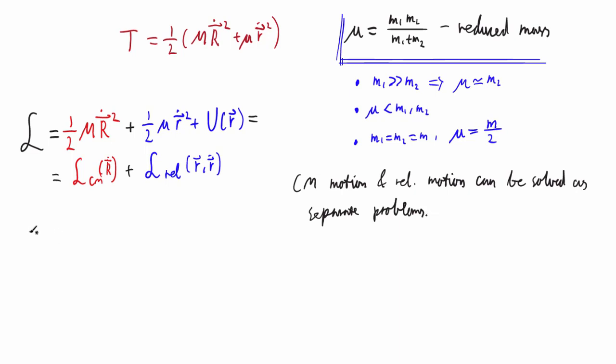Also, we can see immediately that the Lagrangian does not depend on capital R, to be more precise. When the Lagrangian doesn't depend on a variable, capital R in this case, that variable is ignorable. And that means, as you know, that the corresponding momentum is conserved.